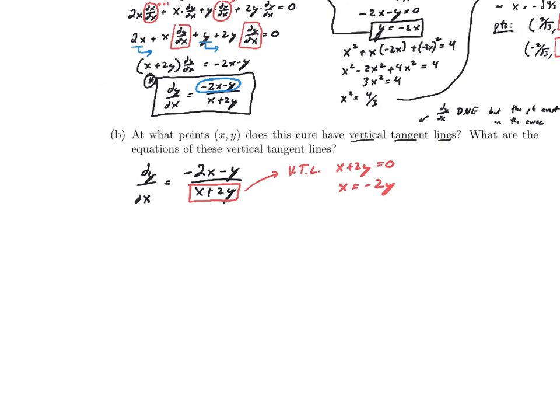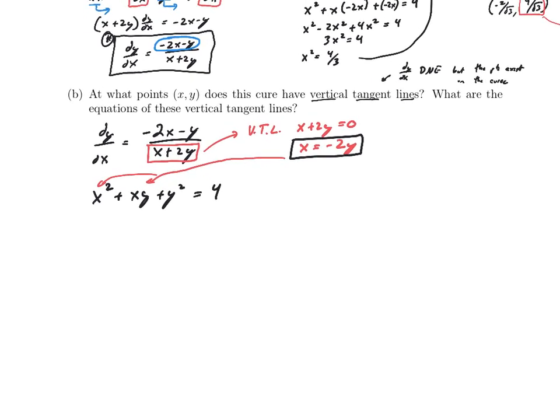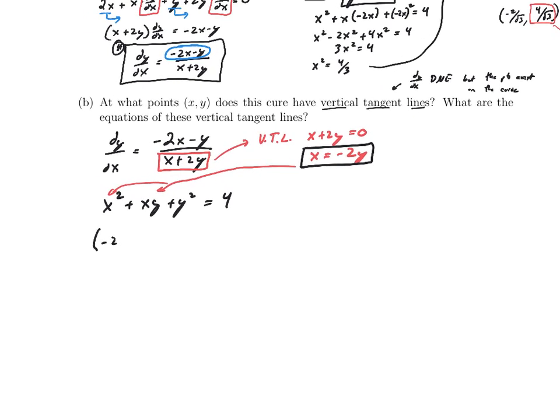Okay. Now for this, I'm going to put this back in the original formula. So remember what our formula is. Our formula is x squared plus xy plus y squared is equal to 4. And what I'm going to do is put in negative 2y everywhere I see an x. So I get negative 2y squared plus negative 2y times y plus y squared is equal to 4.